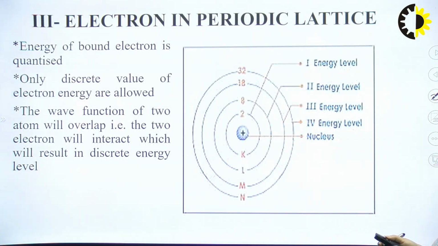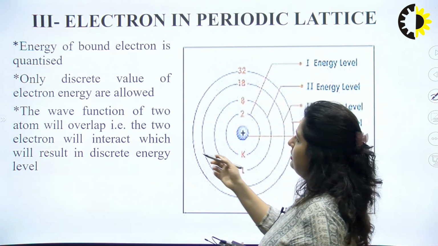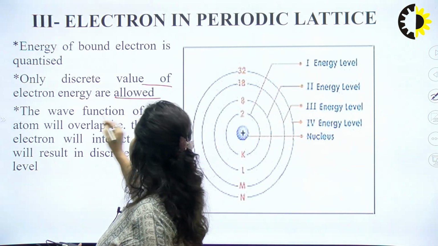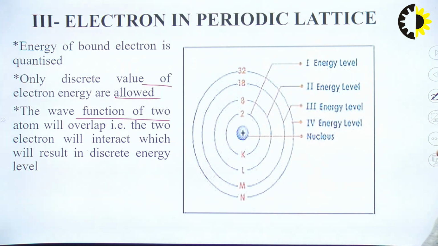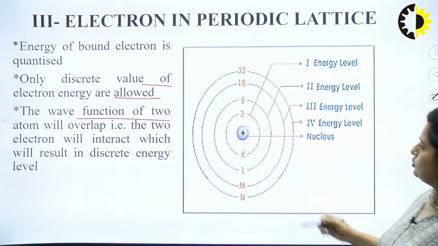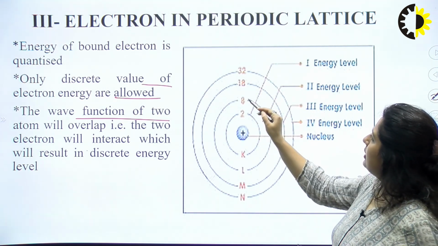So this is the electron in a periodic lattice. The energy of the bound electron is quantized. We know only discrete values of electron energies are allowed. The wave functions of two atoms will overlap, that is, the two electrons will interact, which will result in discrete energy. We can see from the diagram that we have discrete energy levels as the circles 2, 8, 18, 32.